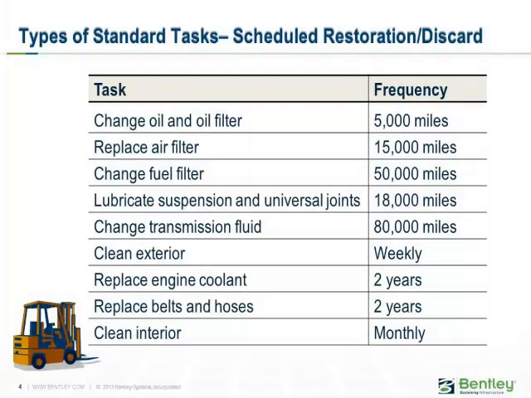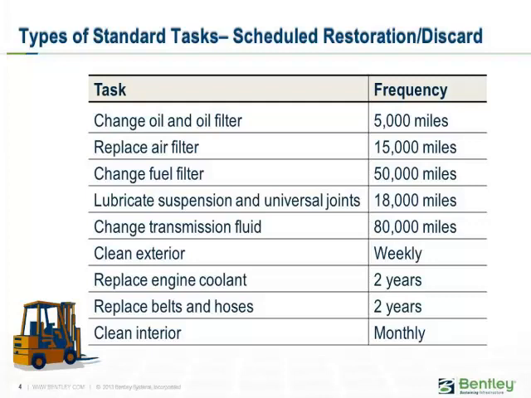The final type of standard task I'd like to talk about today is a scheduled restoration or discard task. A scheduled restoration or discard task is to repair, replace, or clean an asset at a defined frequency. This could be a time-based task or a meter-based task.